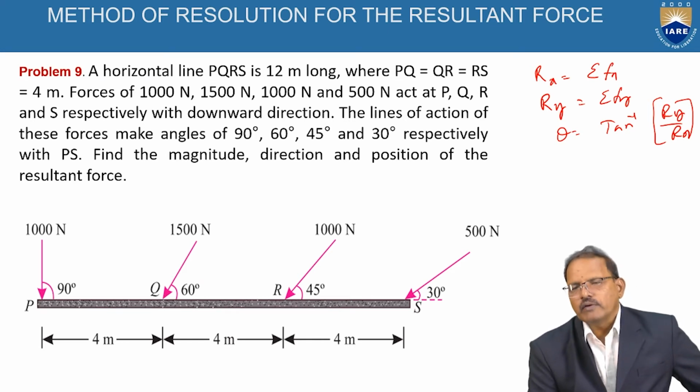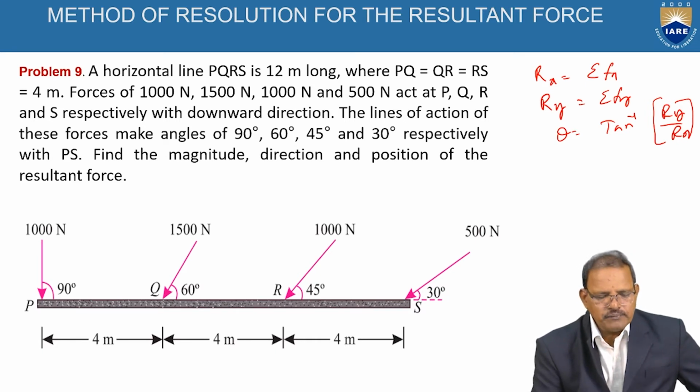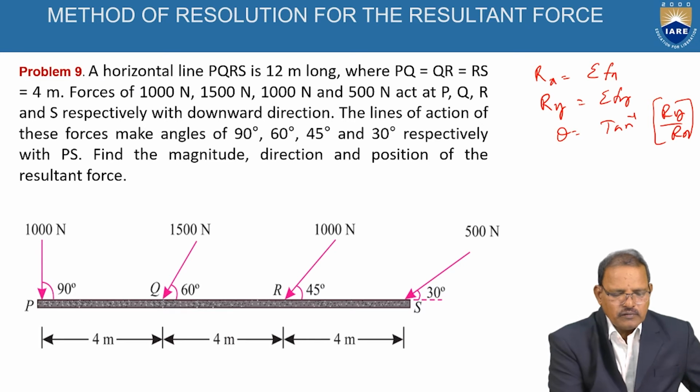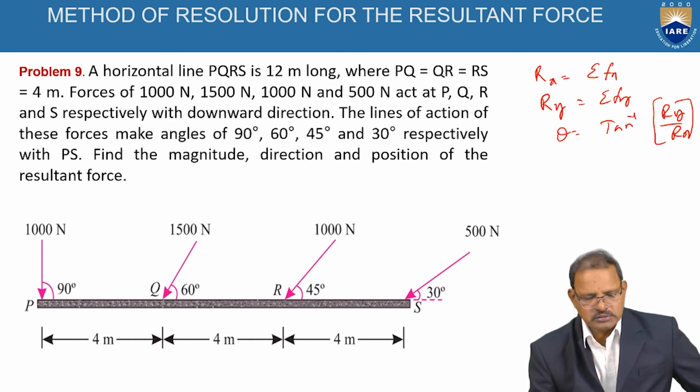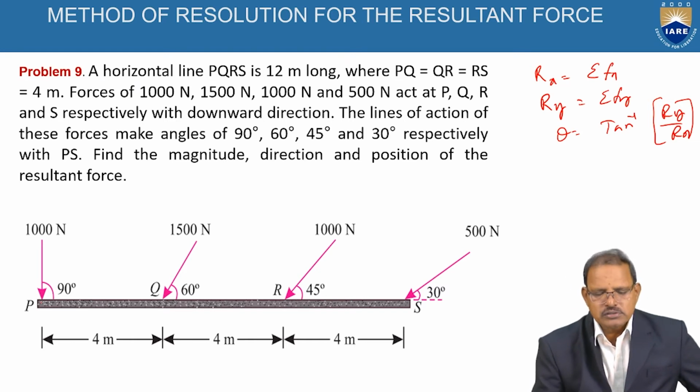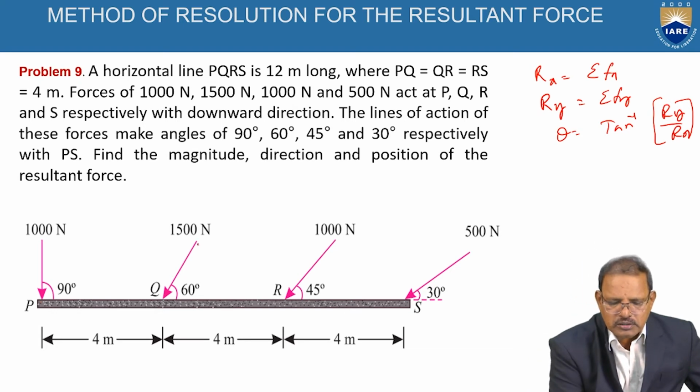Now we first require the sum of the components of forces acting along the x direction. The first force we take at P is acting vertically downward, so there is no x component. The second force at Q, 1500 newtons, can be resolved into two components.